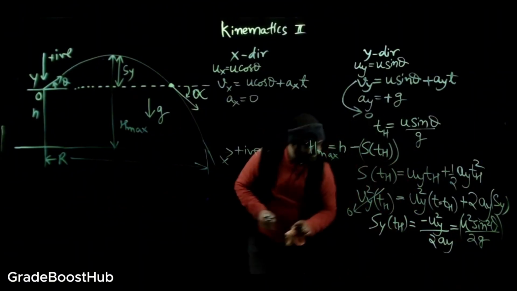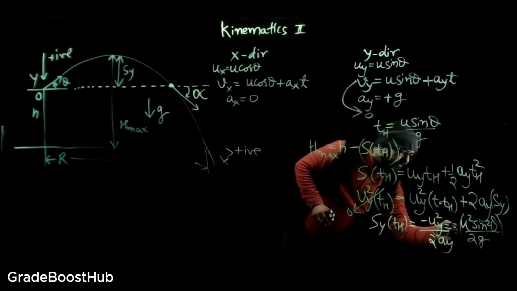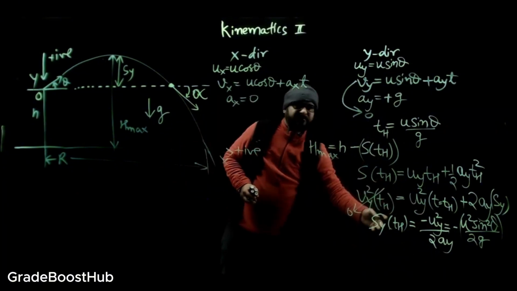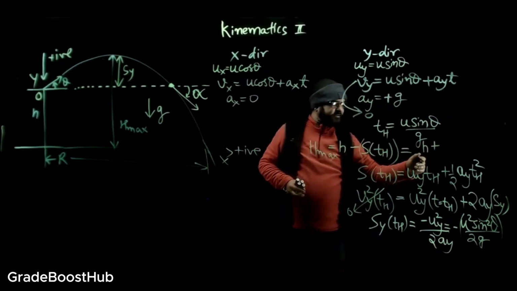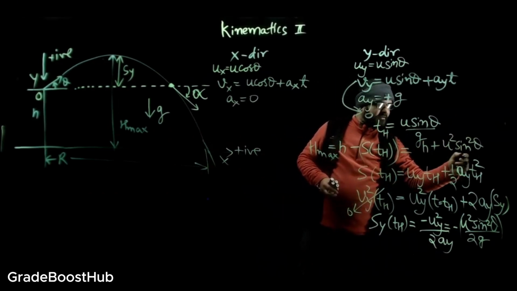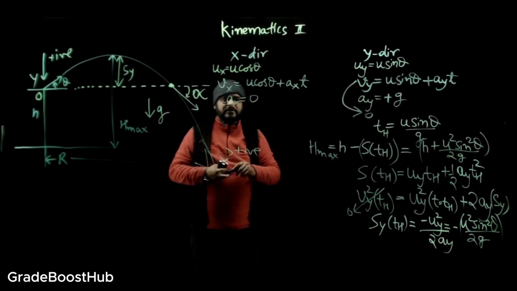Please don't get confused. Is everything fine? Yes, sir. Okay. Now I have this displacement. So my h max will be h plus u square sine square theta by 2g. Okay. So you got h max.